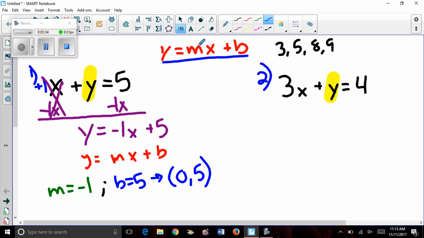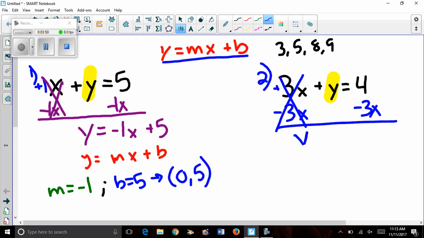Notice that that 3 is a positive 3, so I'm allowed to subtract 3x from each side of my equation in order to move the x to the other side. Those cancel out, so I'm left with y equals negative 3x plus 4.